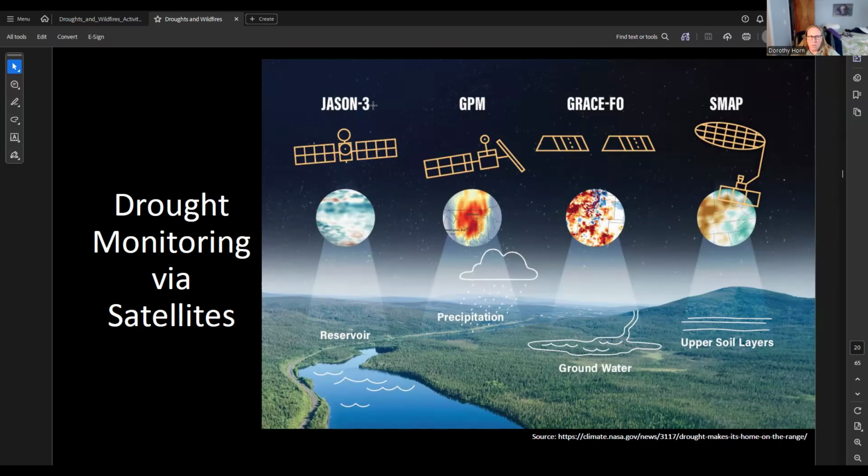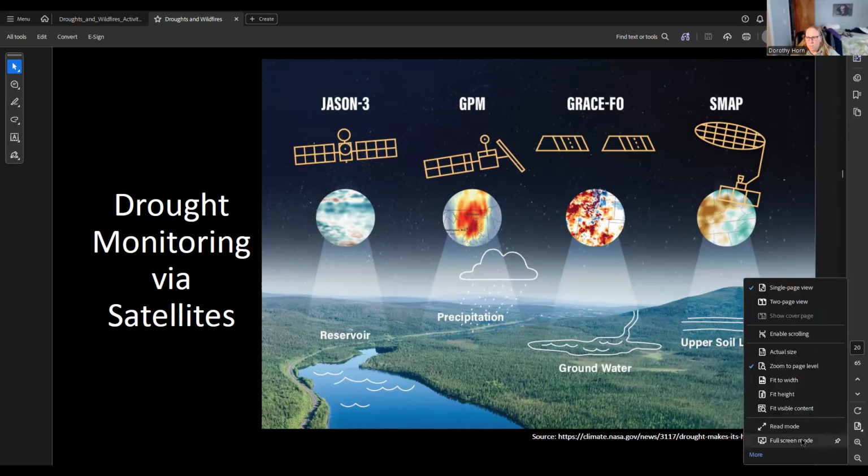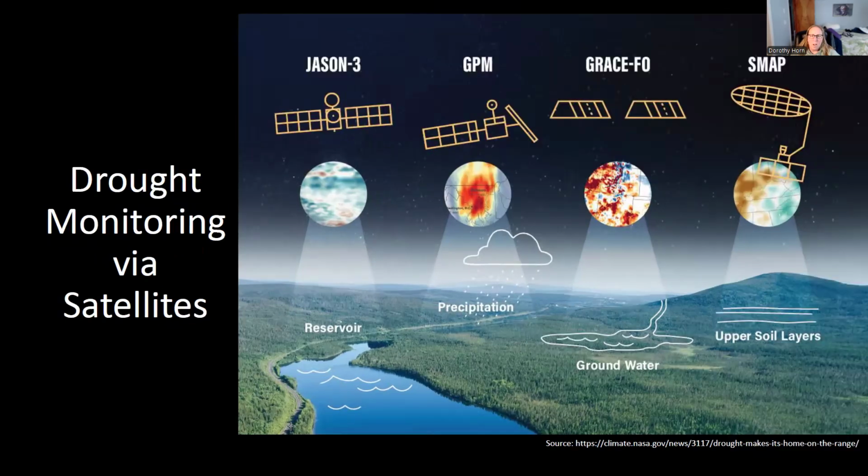So I just want to go over this. We have a bunch of different satellites out there, depending on who owns it, meaning which country, what it does, etc. So we have Jason 3 that looks through lenses, mostly looking for reservoirs or water.